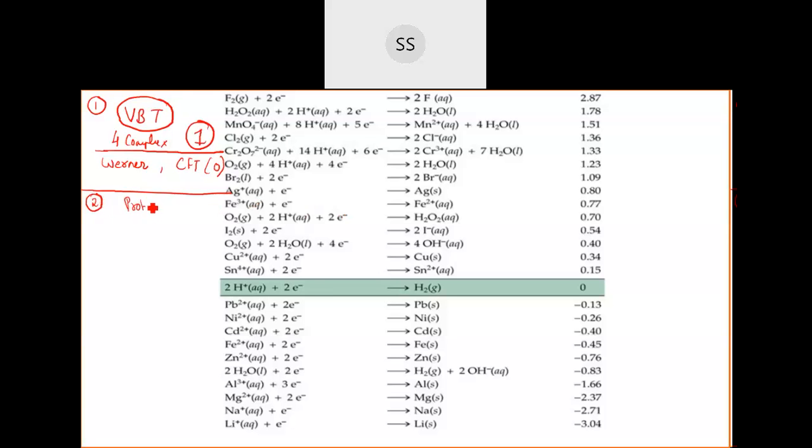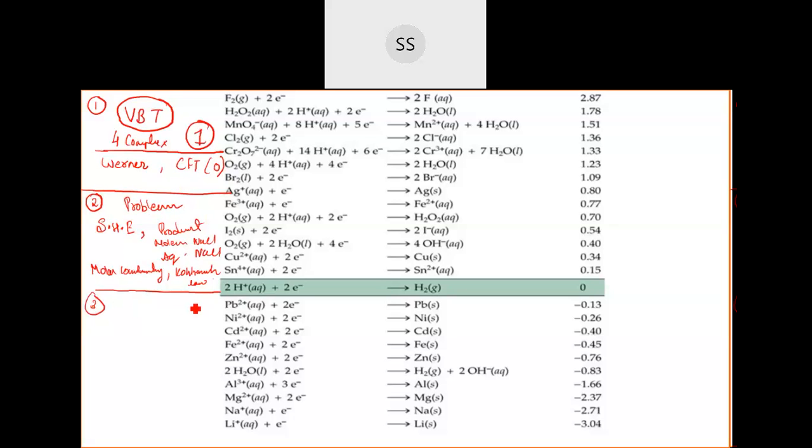Apart from problems, study SHE, the standard hydrogen electrode. Then the products formed from molten NaCl and aqueous NaCl. And then molar conductivity, how it varies, and Kohlrausch law and the problems related to Kohlrausch law.